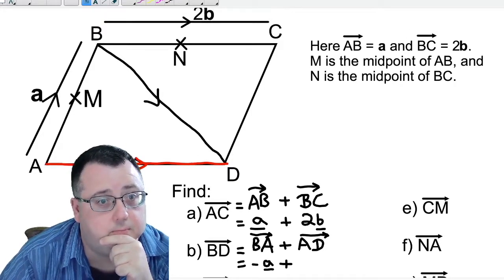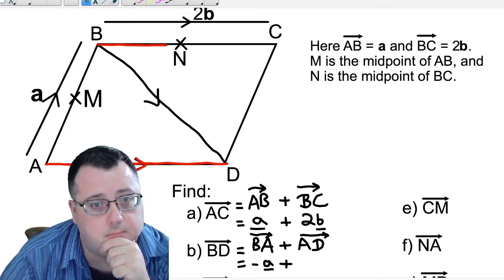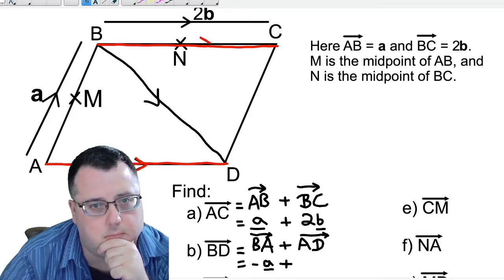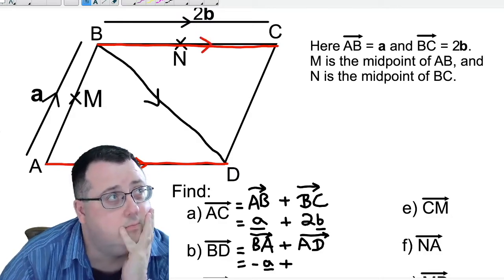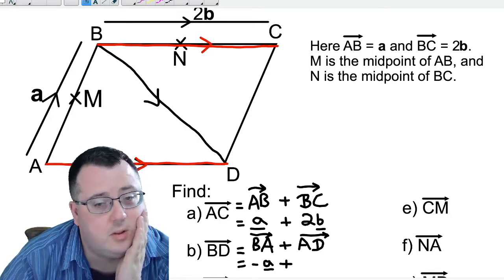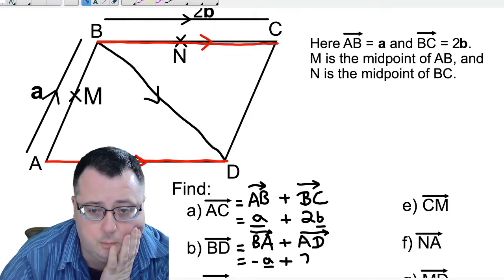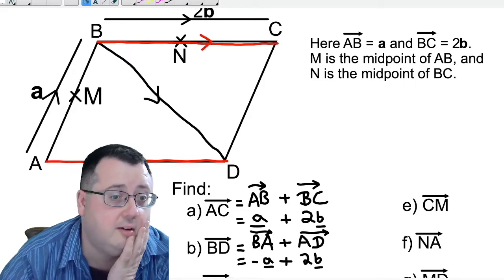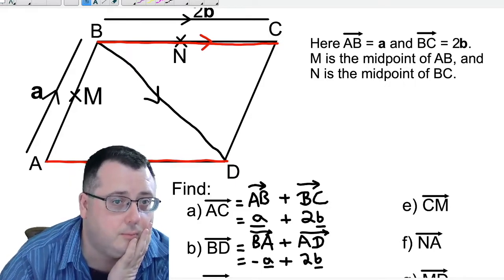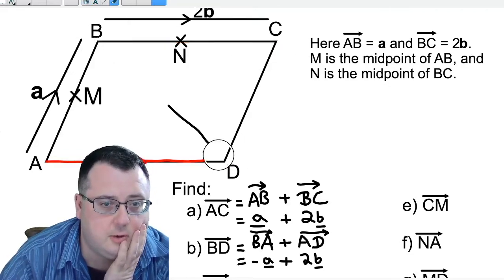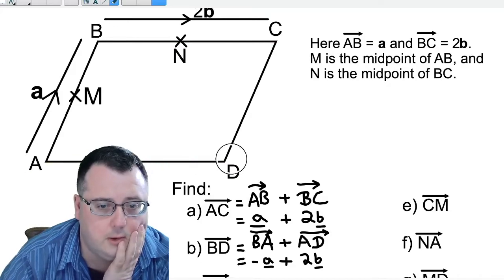Here's a hint. Two B. Yes, it's 2B. Why is it 2B? Is it parallel? Good. Parallel vectors are equal. Okay. Let's clean this up so that I can look at the next question with you.